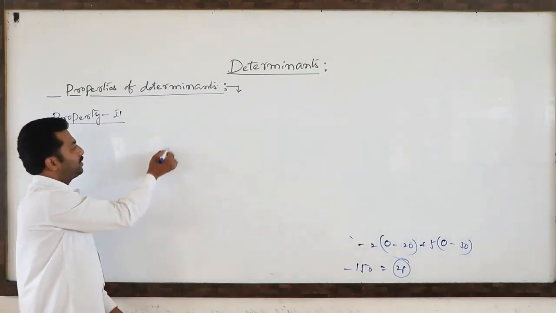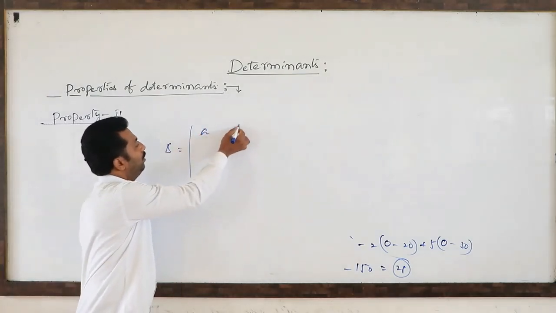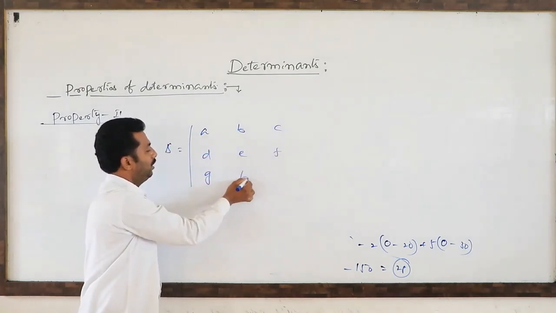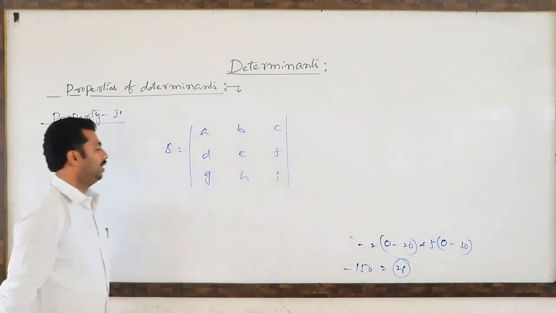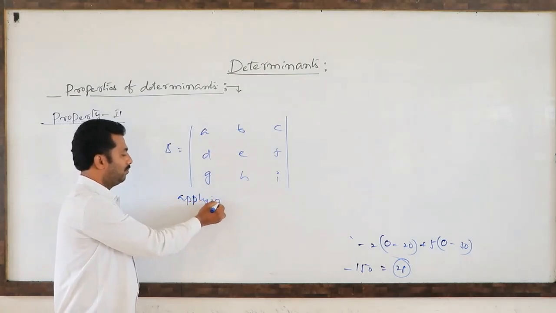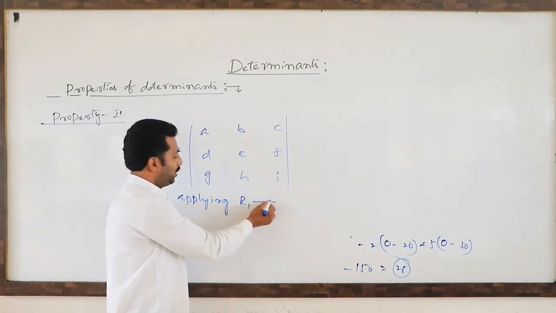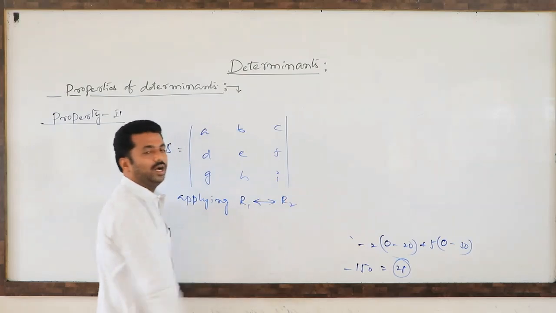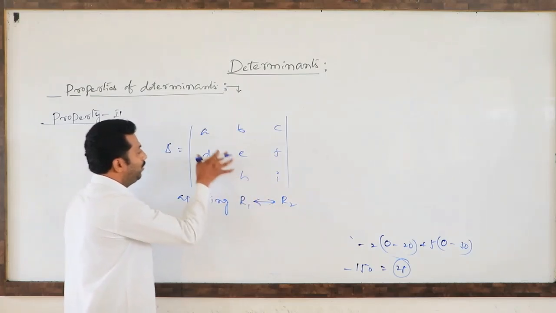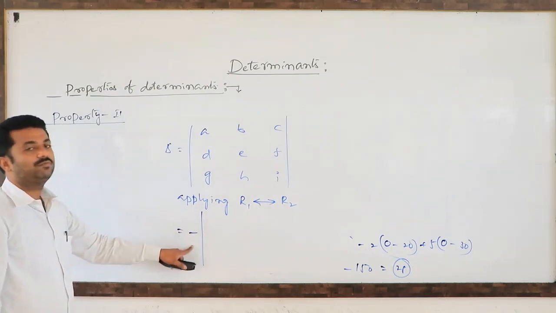Suppose I take one determinant: A, B, C; D, E, F; G, H, I. Now we are applying R1 interchanging R2. Whenever you interchange R1 and R2, the sign of the determinant is reversed. Here plus is already there, this becomes minus.